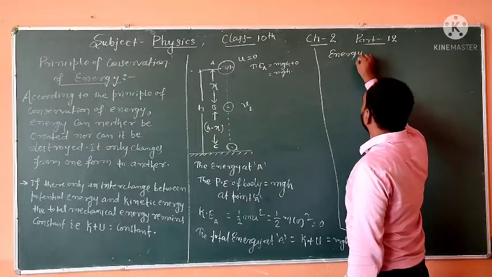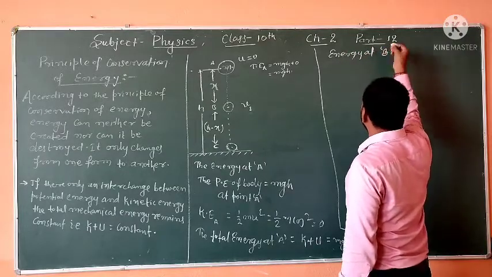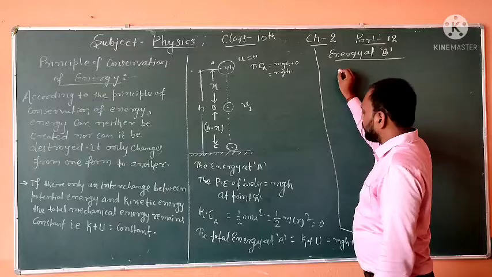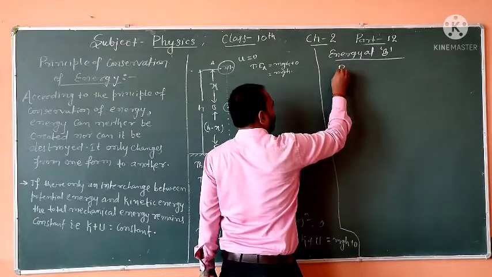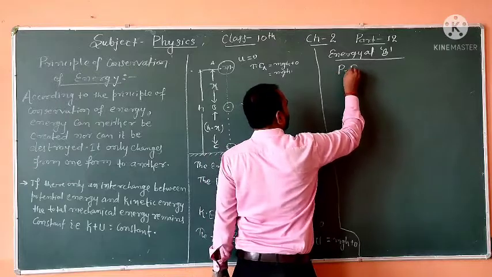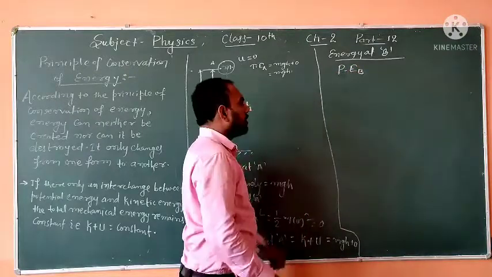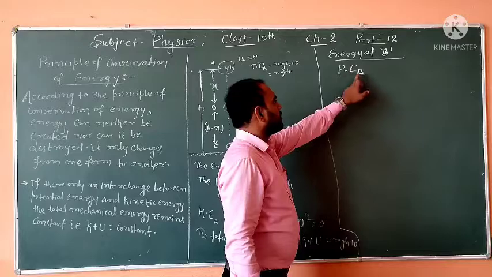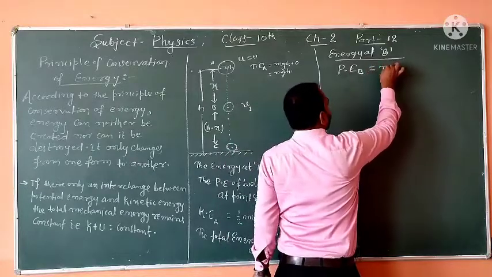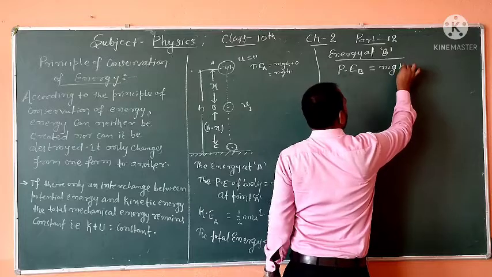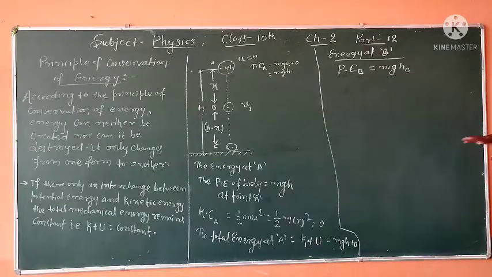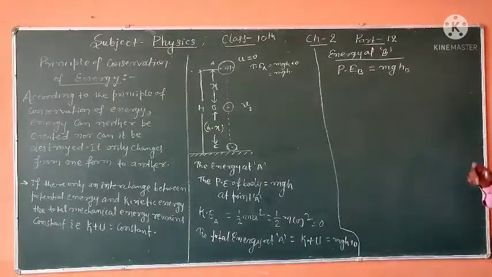Energy at position B. So first we have to find the potential energy at B. Right now I am writing it, potential energy at B. The subscript B means position, P for potential energy at B. Potential energy at B will be mg hb. I am saying hb means the height of the body from the ground to point B, that is hb.